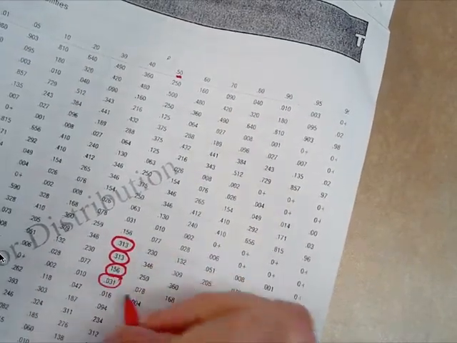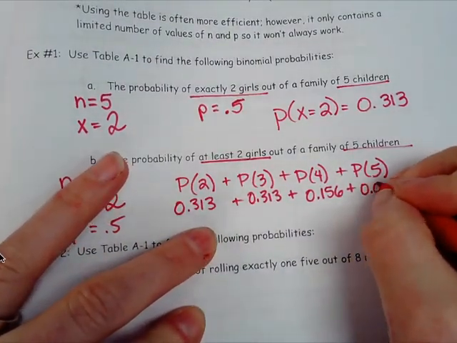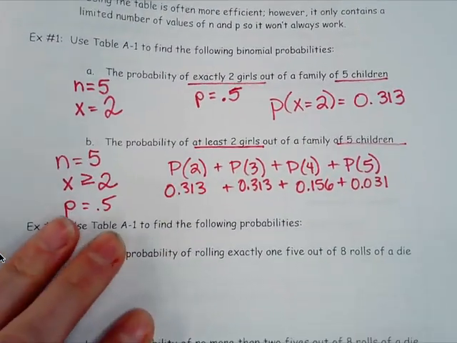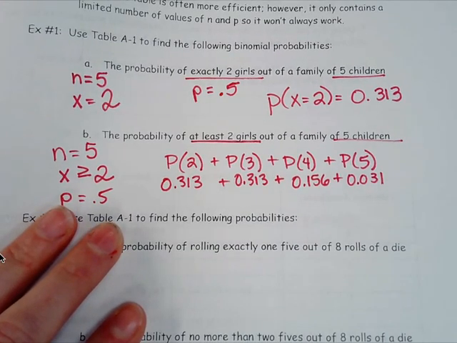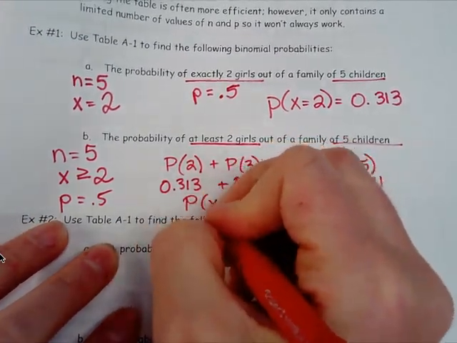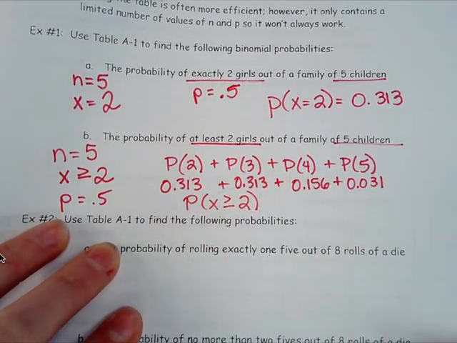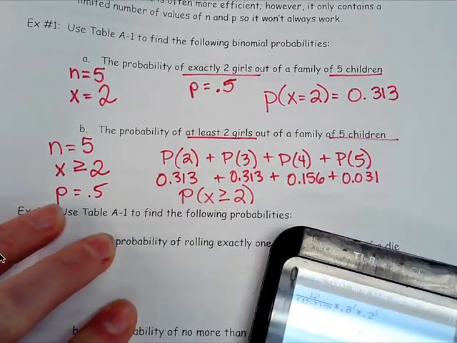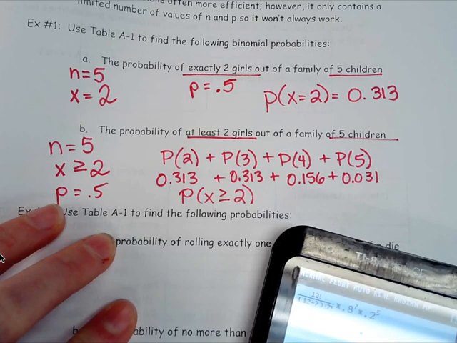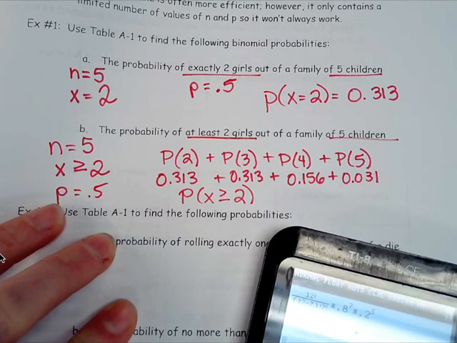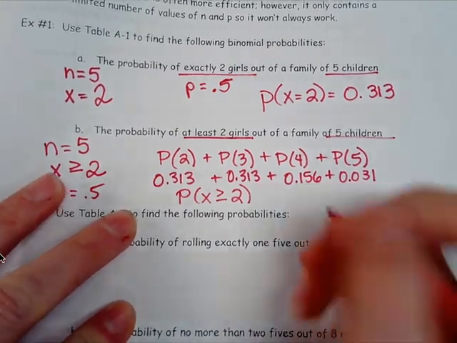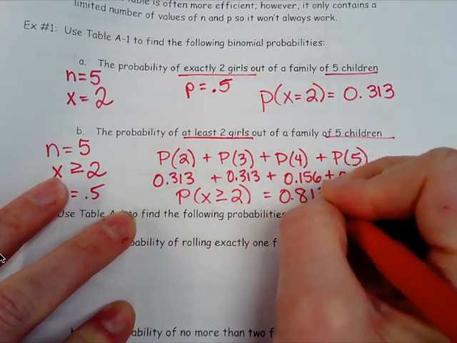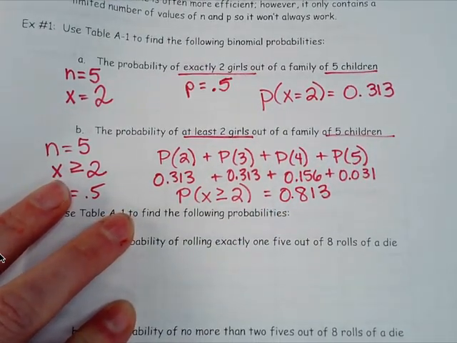Probability that they're all 5 girls. It's a lot lower, 0.031. So we add up all of those probabilities together to get the probability that x is greater than or equal to 2. So you added them all up. Awesome. 0.8125. Is that what y'all got? Yes. Yeah. So that's a pretty high probability that you're going to have at least 2 girls.